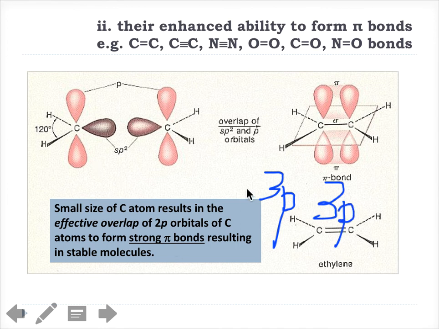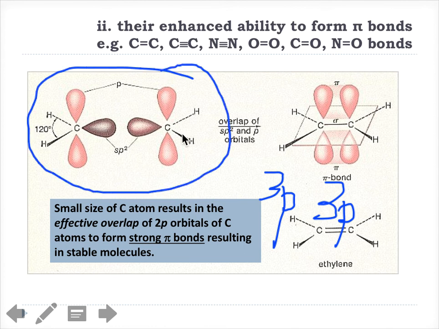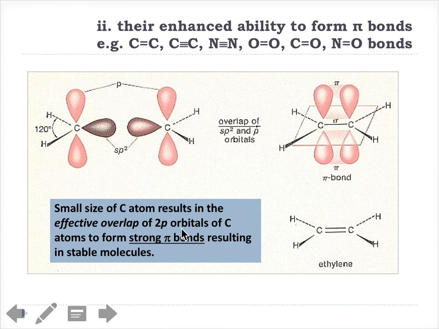If we contrast that to what we see here in the 2p orbitals overlapping, there is actually a much more effective overlap if I use 2p orbitals to form a pi bond. The pi bond that is formed from 2p orbital overlap is very strong, and this results in a stable molecule being formed.